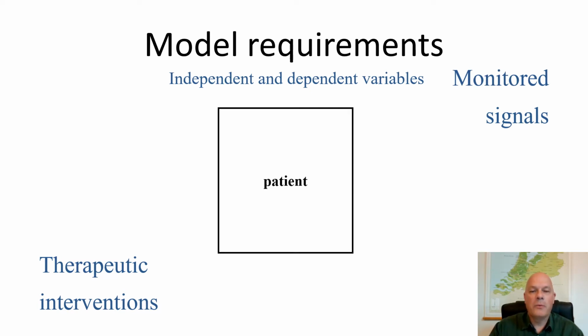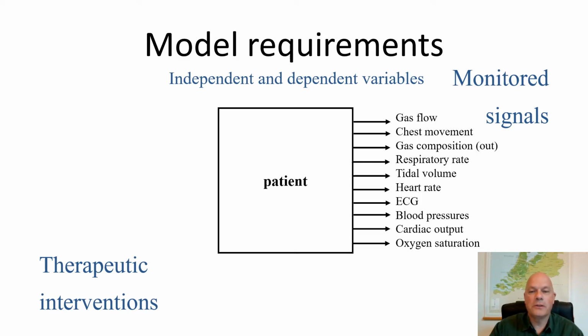And we came up with a single overall block diagram for the patient with lots of dependent variables or monitored signals. This is not an exhaustive list, but we had, for example, gas flow in and out of the mouth, chest movement, gas composition, especially oxygen and CO2 of the exhaled gases, some other respiratory parameters, respiratory rate, tidal volume, heart rate, which you can measure at a number of places.